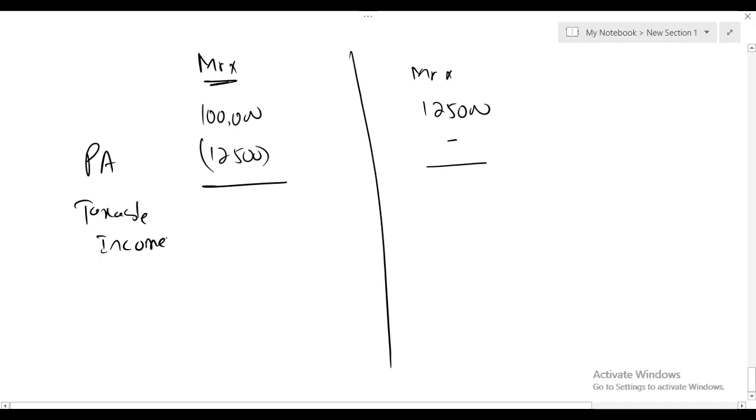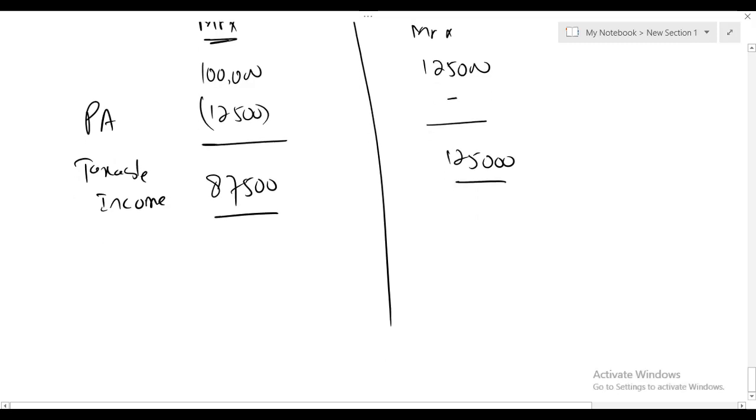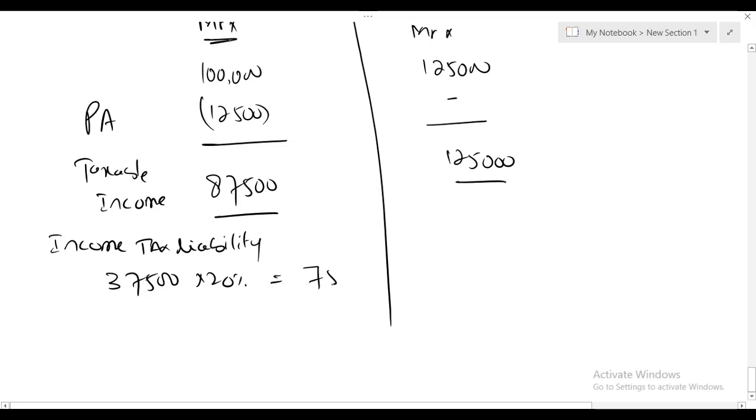Let me use my calculator, even though I really love maths. Now let us calculate income tax liability. 37,500 into 20% gives us 7,500.